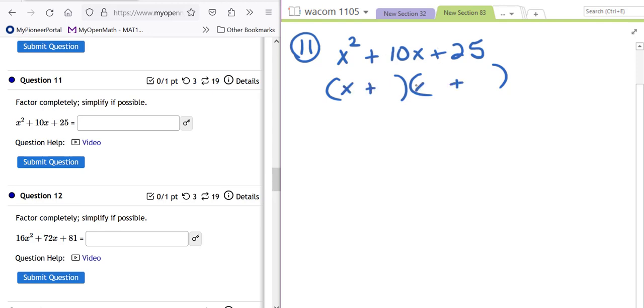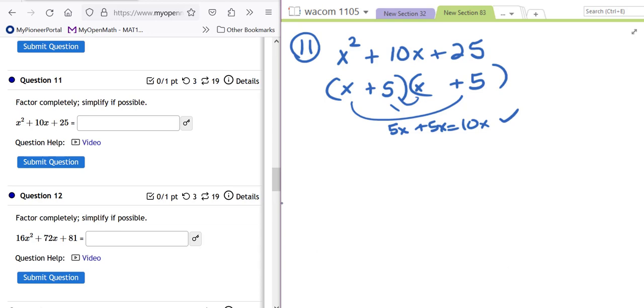So split your x's and 5. And you could have gone the other route where you multiply to get 25, add to get 10. And it would have still been 5 and 5. If you're thinking perfect square trinomials, check. Outside and inside, 5x plus 5x needs to give you 10x. And it does, so it's good. It is a perfect square trinomial.